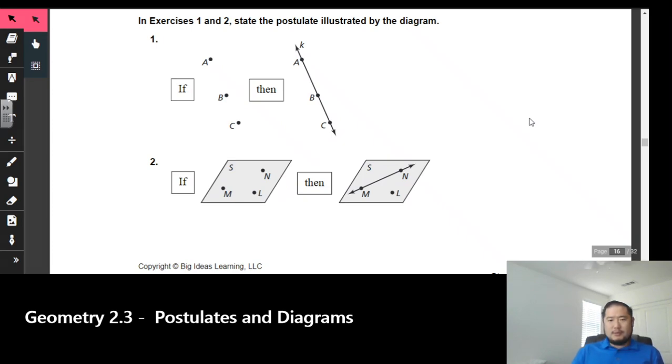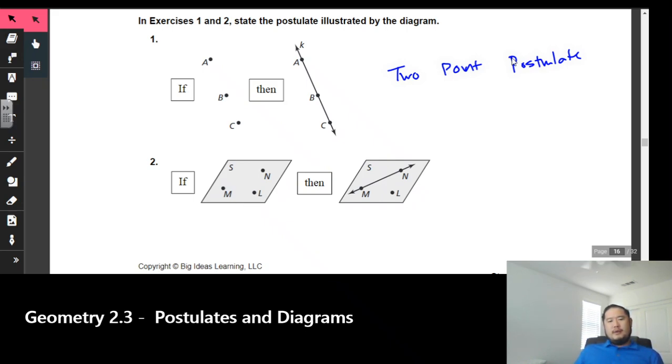Well, which postulate would that be? Points making up a line, we have the 2-point postulate. Remember, 2-point postulate: through any 2 points, there exists exactly one line.